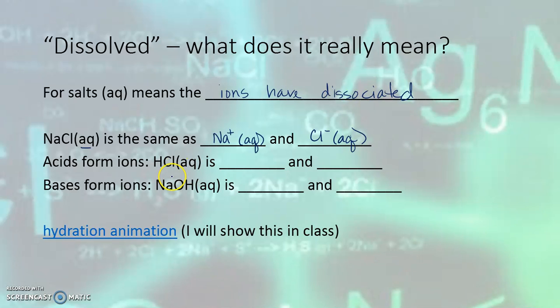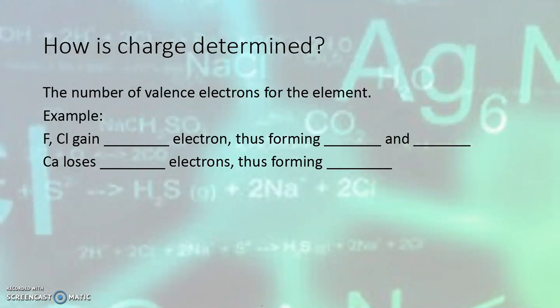Acids will form ions. You'll end up with your hydrogen ions and your chloride ions floating around in solution. For bases, you would have your sodium ions floating in solution and your hydroxide ions floating around in solution. Typically I would show a hydration animation, but I'll show it when you come to class.